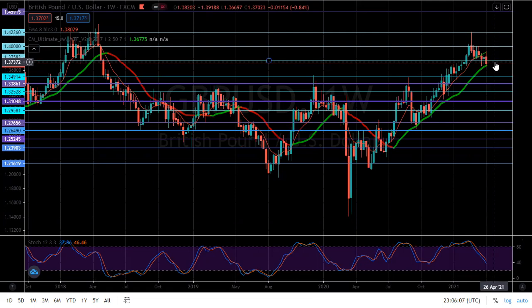My target for the bearish move is the 1.3580 area, about that area. We could get as low as the 1.3570 area, but I'm looking at 1.3580. That's my target for the bearish move. So I'll just wait for this retracement upwards and look for bearish opportunities as the market brings them to me.